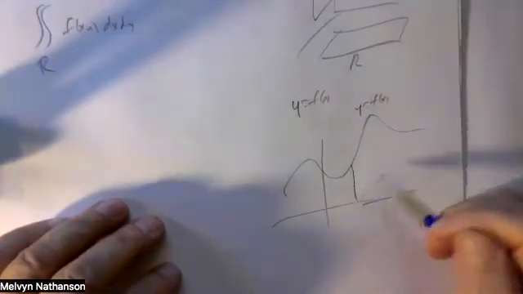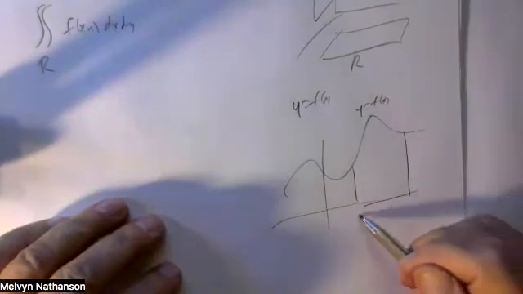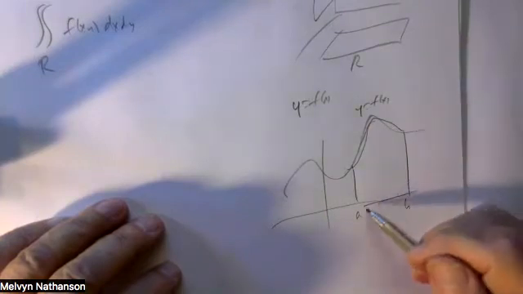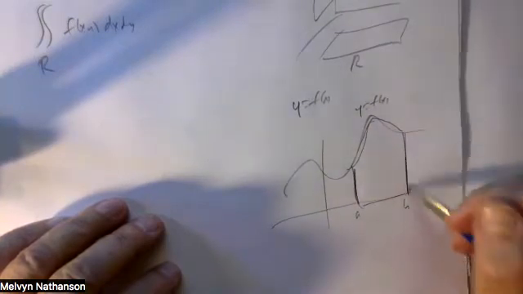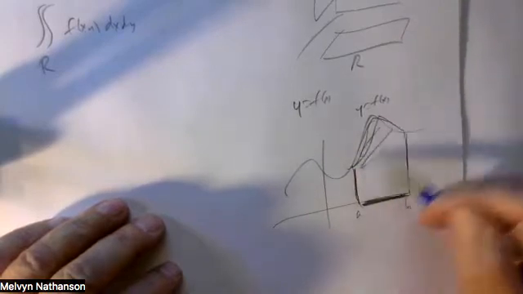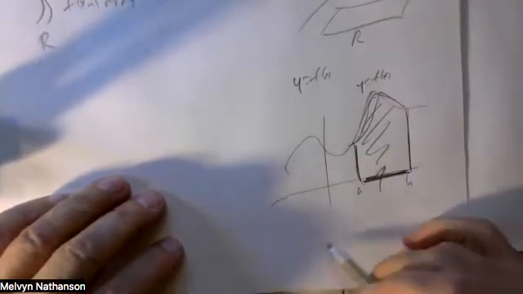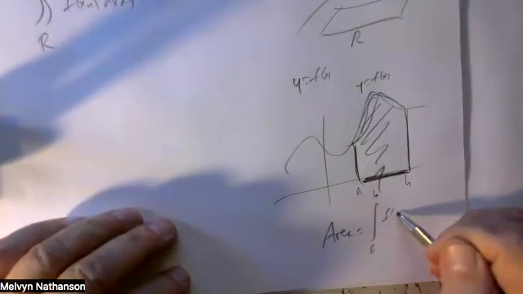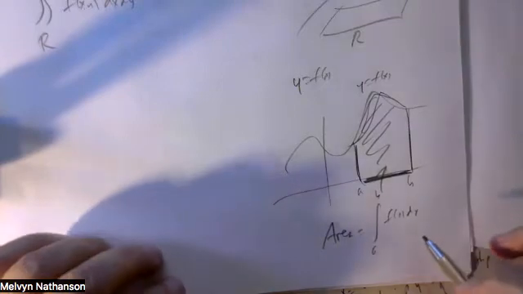And if you ask the question, let's say this is a non-negative function, what is the area under the curve from x equal a to x equal b? That means bounded below by the x-axis and above by this curve. And this area is equal to the integral from a to b of f of x dx.